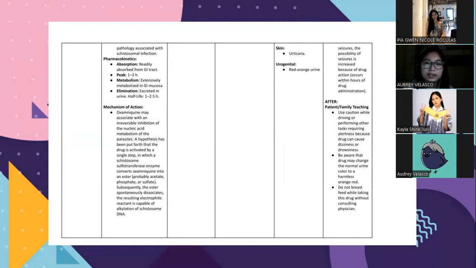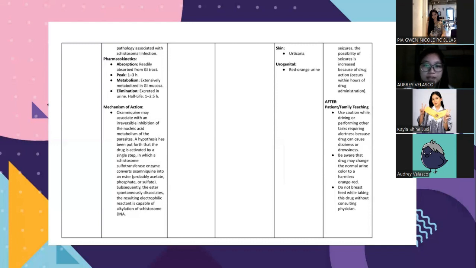So oxamniquine may be associated with an irreversible inhibition of the nucleic acid metabolism of the parasites. So a hypothesis has been put forth that the drug is activated by a single step in which a cysteamine sulfurase enzyme converts oxamniquine into an ester.